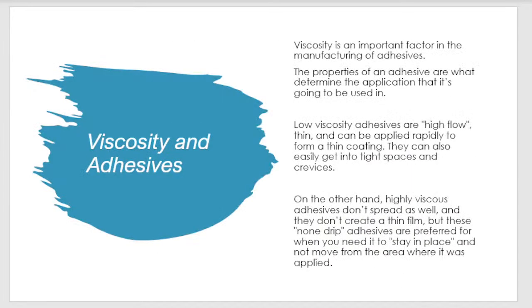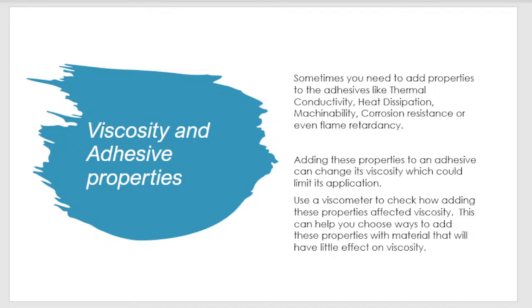Okay. Another thing when manufacturing adhesives, sometimes you want to add extra properties to the adhesive. Properties not necessarily for the adhesion, but for other types of properties or industries that might be needed. For example, you want to add thermal conductivity for a specific application, or heat dissipation, or machinability. Sometimes you need to add corrosion resistance to the adhesive, or even make it flame retardant.